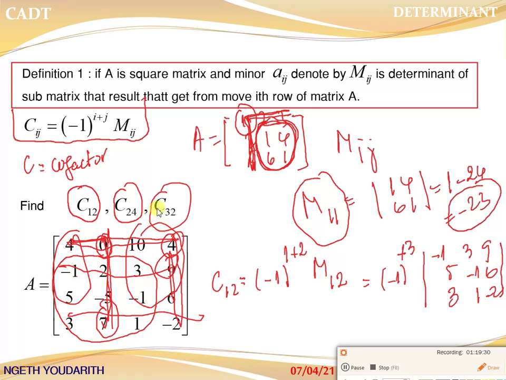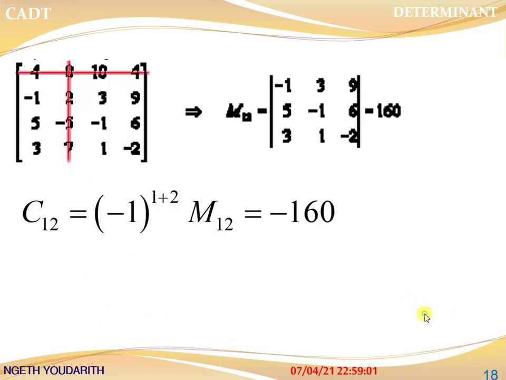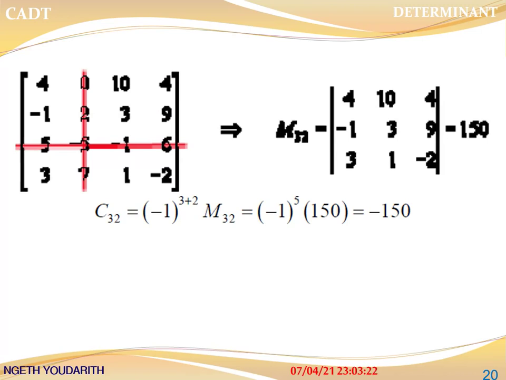This is the cofactor formula. We have the results of M12, C24, and C32.